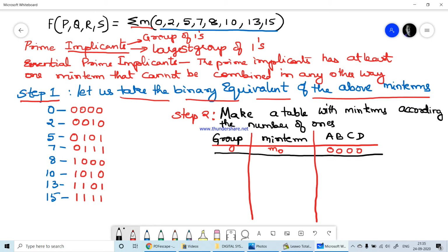Then the next group is group 1, where only one bit is set out of all 4 bits.